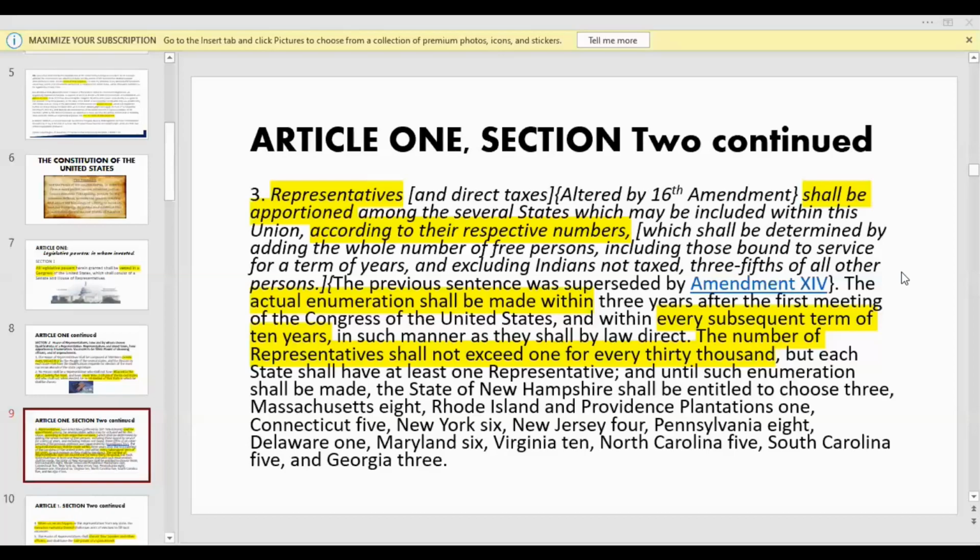In actuality, today, it's one representative for something like 975,000. And by the time this new census number comes through, it's probably going to be one representative for slightly over 1.1 million.